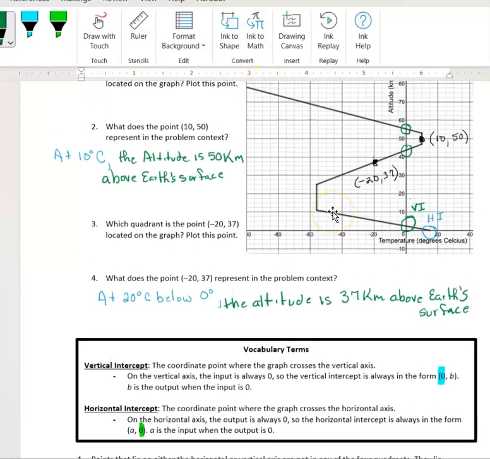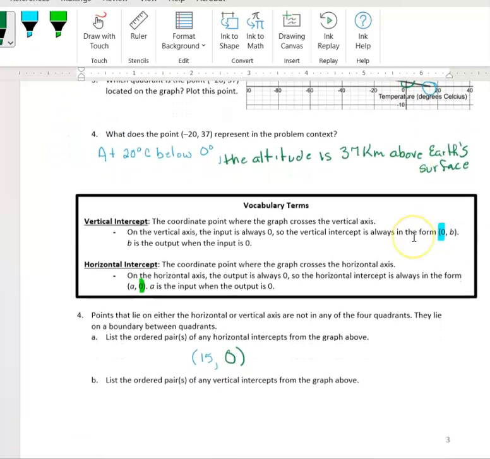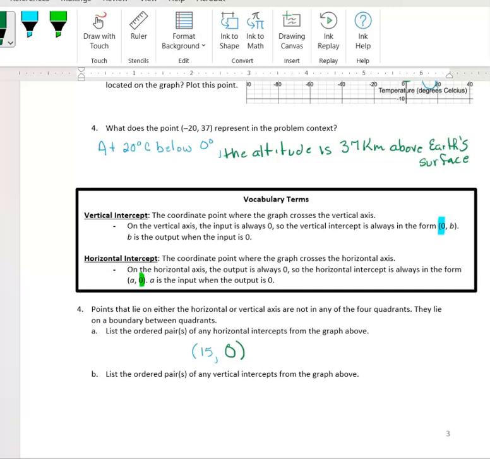And now it looks like we have 0 comma 2.5. That's the first one, and we have 3 of these. Then we're going to have another one that is 0 comma something, and a third one 0 comma some other value.